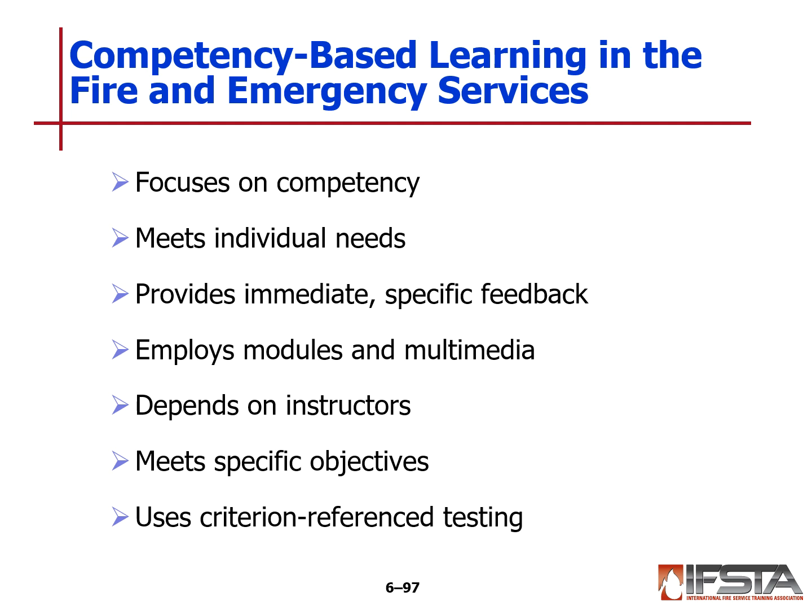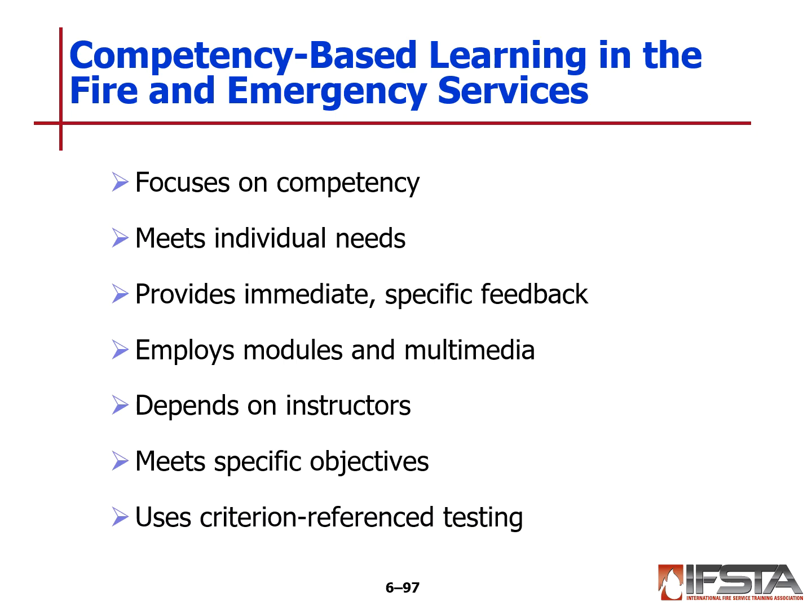Depends on instructors. Instructors must help students learn the skill and become proficient at it. Meets specific objectives. The ultimate goal of every course is for students to master a set of skills that meet specific learning objectives. And finally, uses criterion reference testing.